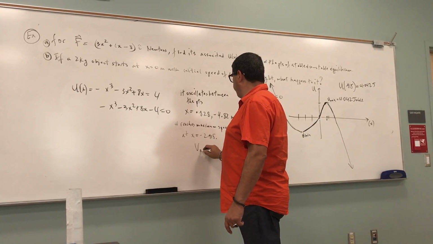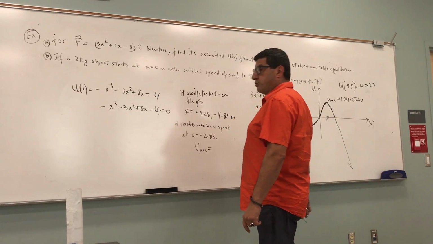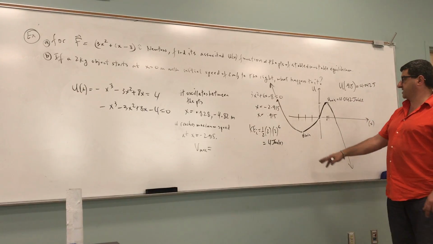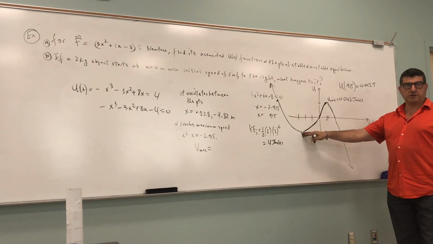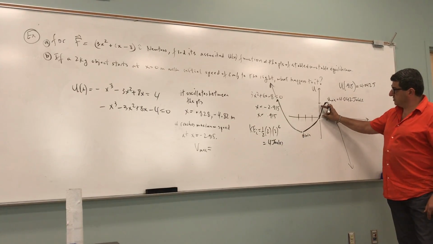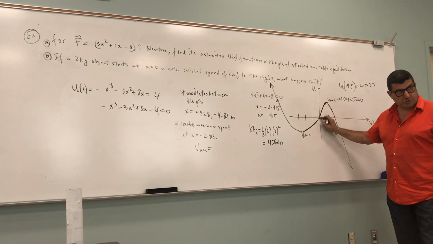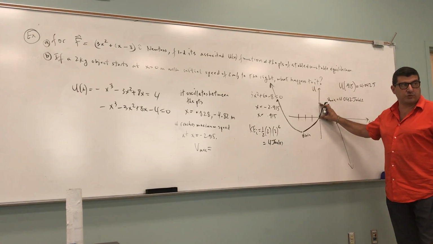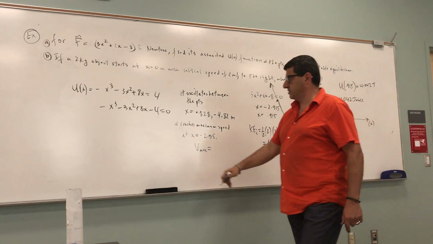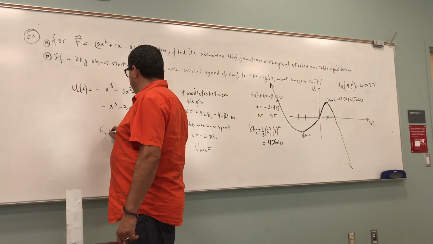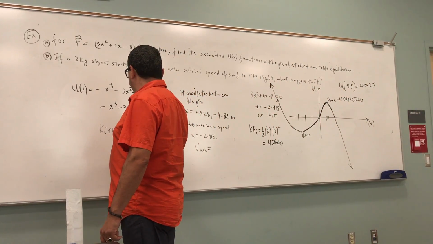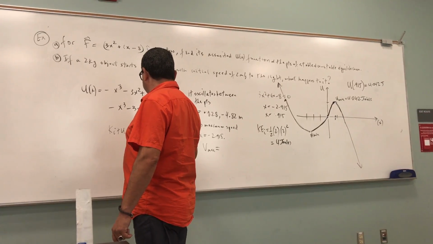The maximum speed, V max, is equal to what? So how do you find the maximum speed that it reaches there? Well, the initial potential energy it had was 0. The initial kinetic energy you gave it was 4, right? So initial kinetic plus initial potential must equal final potential plus final kinetic.